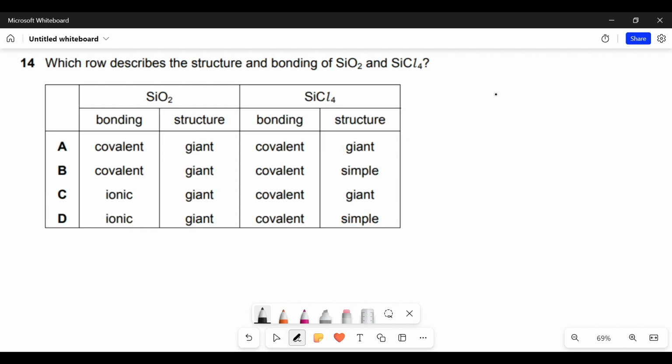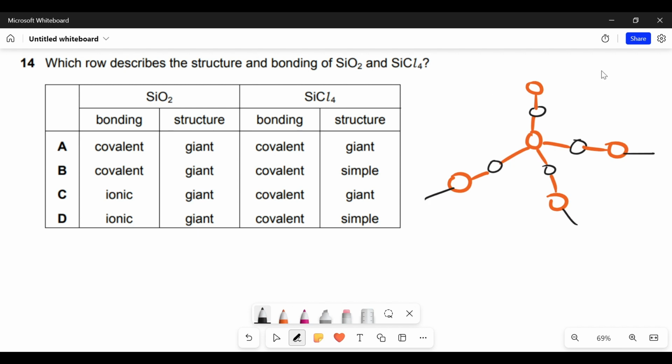Question number 14 says, which row describes the structure and bonding of silicon dioxide and silicon tetrachloride? If I draw the structure of silicon dioxide, silicon forms four bonds with oxygen atoms. Use black color for oxygen. These oxygen atoms can further form bonds with four silicon atoms, and these bonds can continue to extend to form giant covalent structure.